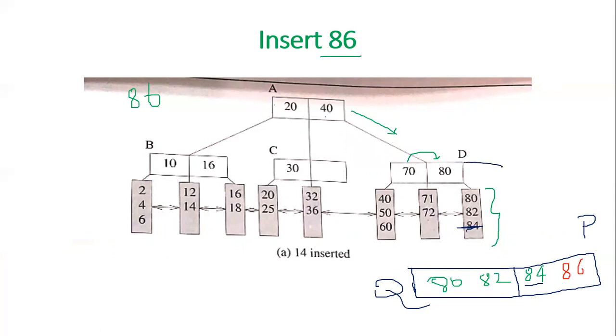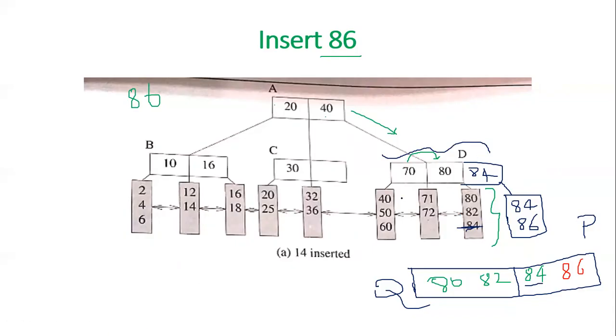So 84 will come here, and the right pointer of 84 will point to 84 and 86. That is fine. Now the deficiency is removed at this level. But what about this node? Is it deficient or not? This is a B tree of order 3.